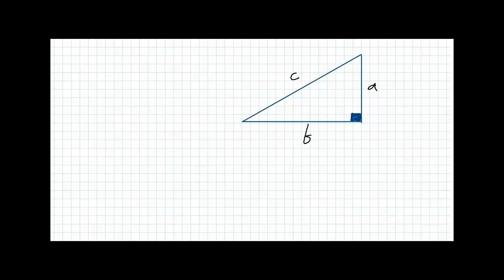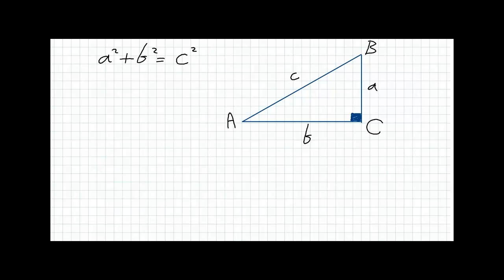The corresponding angles for these sides, we will call capital A, capital B, and capital C. And we will also remind you of the Pythagorean theorem, which says that a squared plus b squared is equal to c squared, because maybe we will need it to solve some problems later in this lesson.